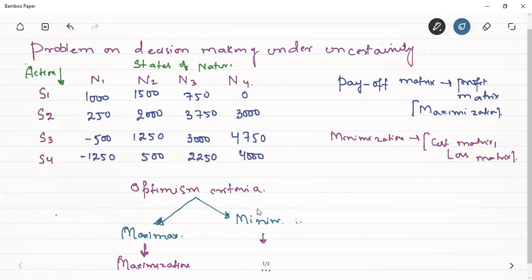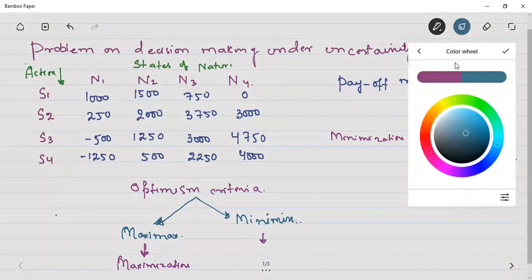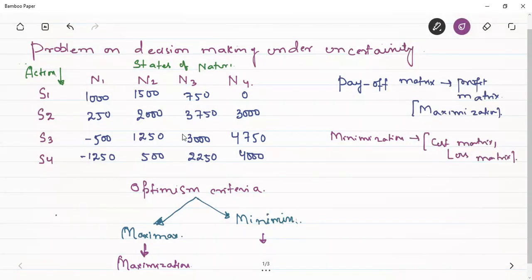So this optimism criterion can be classified into Maximax and Minimin. This Minimin criterion will be used if the table is considered to be a cost matrix or a loss matrix. Therefore, Minimin will be used for the minimization matrix.